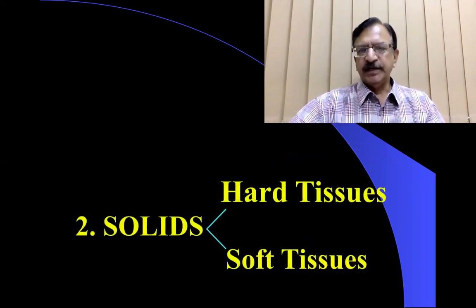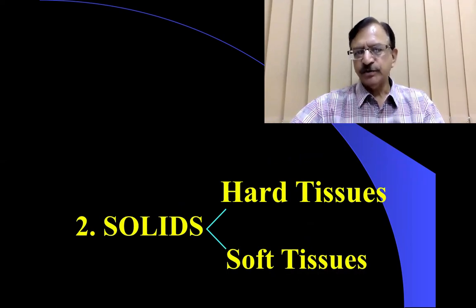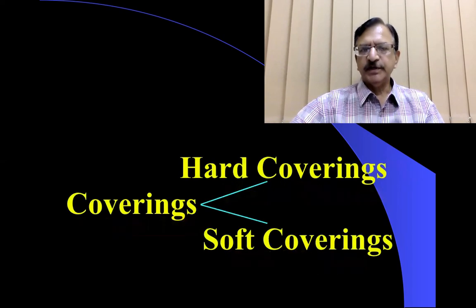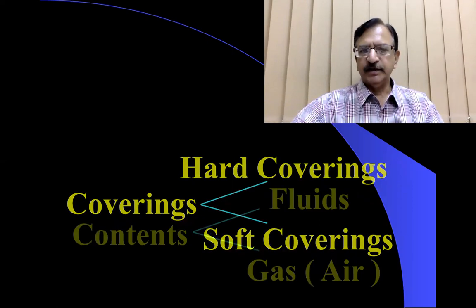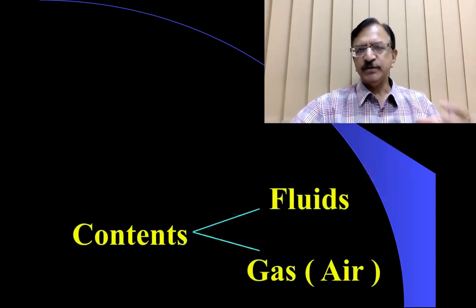And there are solid organs, and the solid organs may be hard tissues or soft tissues. Similarly, the covering of the cavities can be a hard covering or a soft covering. And the contents within the cavities are either fluids, gas or air.